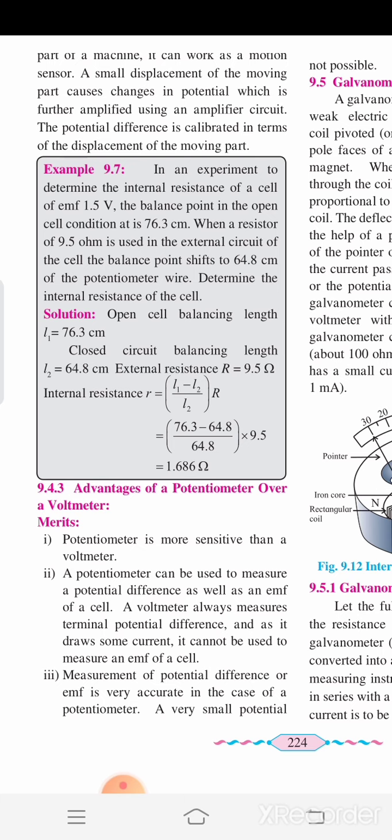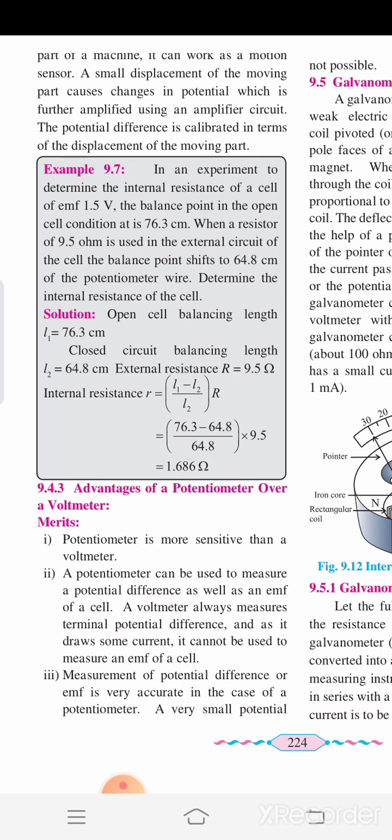The second merit is that a potentiometer can be used to measure a potential difference as well as the EMF of a cell. But a voltmeter measures only the terminal potential difference, because it draws some current, so a voltmeter cannot be used to measure the EMF of a cell.